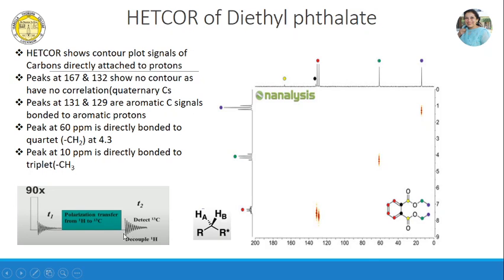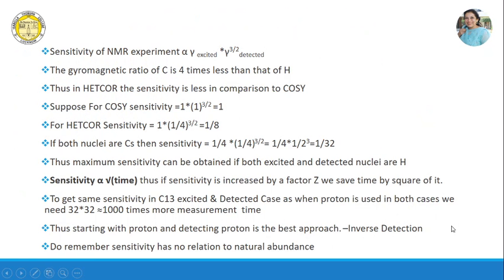Then a T2 relaxation happens and C13 is detected, and then Fourier transform is done. So on the F2 axis we have the C13 NMR, and on the F1 axis we have proton NMR.